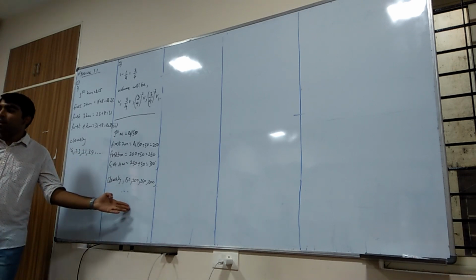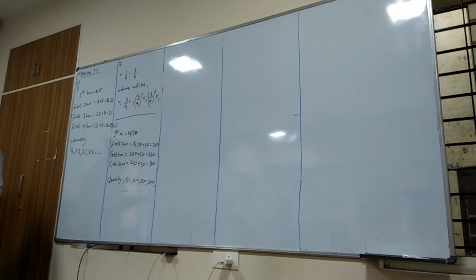These terms form an AP with a common difference of 50. Same, whatever you conclude for the first one, we will conclude the same for the third one. Doubt? Anyone?